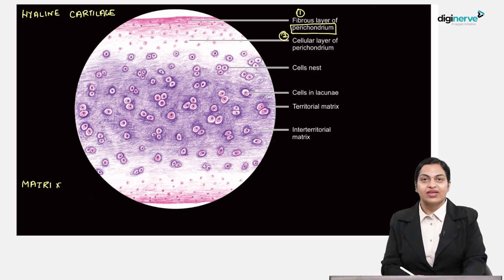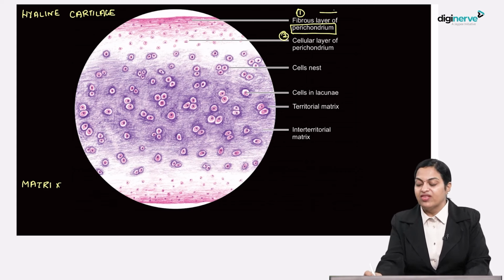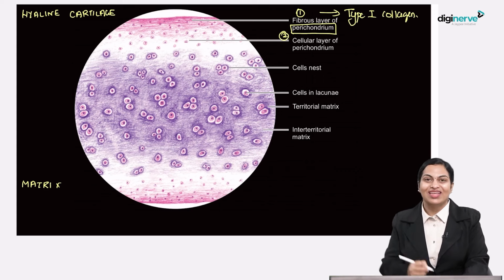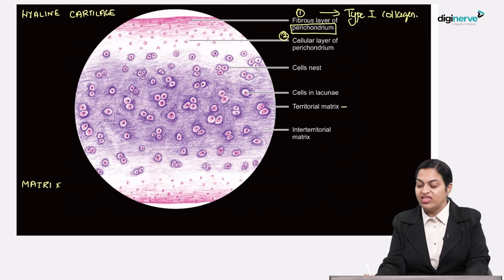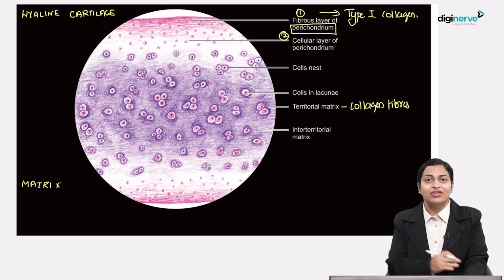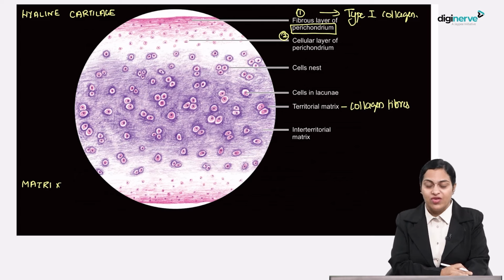The fibrous layer of the perichondrium is made up of type 1 collagen fiber, right? And coming to the matrix as such, here we get to see collagen fibers, but the collagen fibrils have the same refractive index as that of the ground substance.